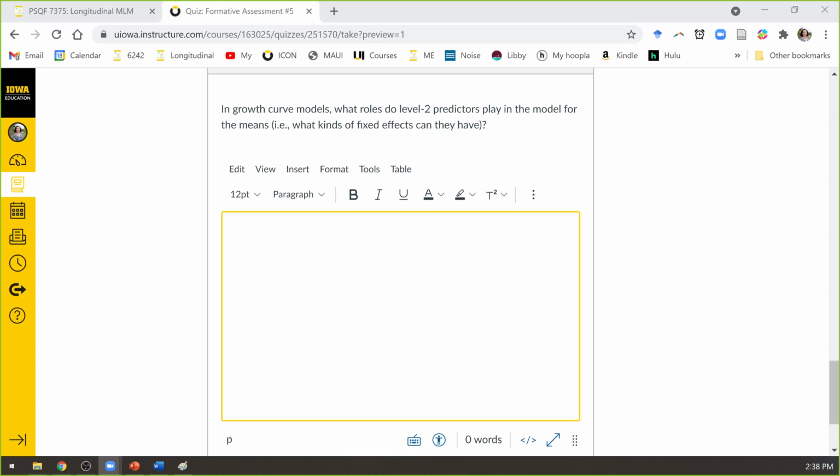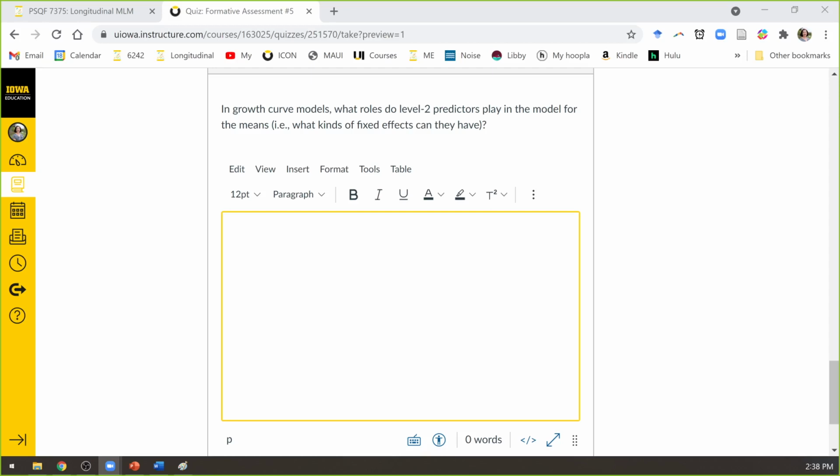Likewise, if we had a quadratic effect, you could have your predictor interact with time by time, which would change the rate of acceleration or deceleration as a function of the predictor and capture random quadratic variance. So more generally, the role of level 2 predictors is to moderate the level 1 growth curve.